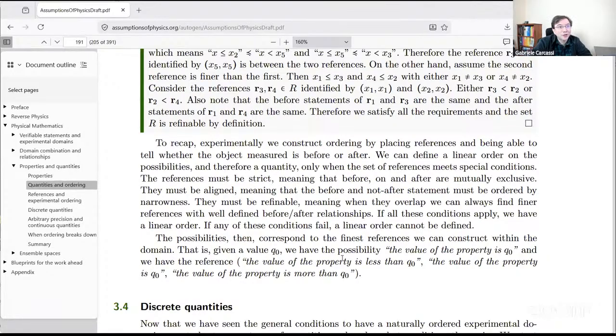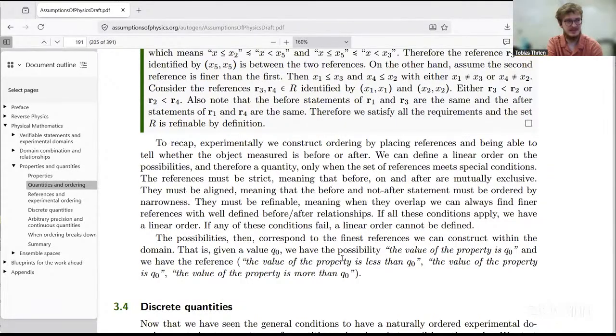So while we're reasoning with references and relationships between references, and you want the order to be dense, sorry, non-discrete, so that you can always put something in between in the ordering of your references, then you automatically get the reals. You don't get the rationals.